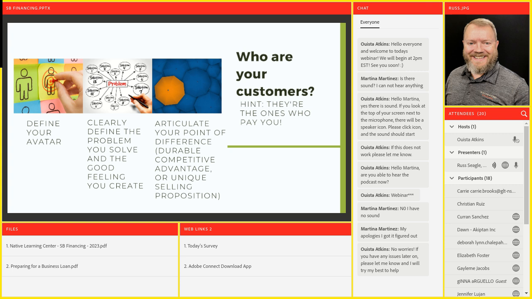They will do whatever they can to prove their love for you. That's an avatar. If you can find those people and write a description of them, then you can start to market to those people. Your email messages, your advertising messages, your social media posts, everything you do talks to that avatar.